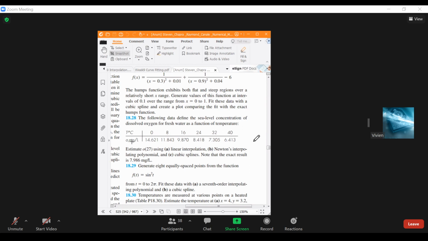So A is finding using Newton's divided difference, and the second is using Lagrange. The problem that you use is 18.28. You want to estimate the oxygen concentration at a temperature of 27.